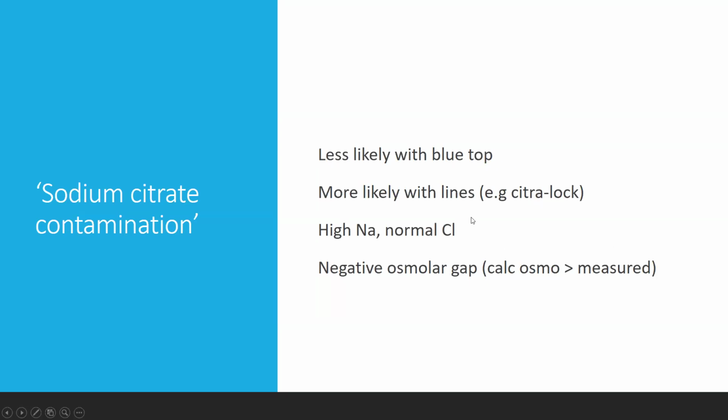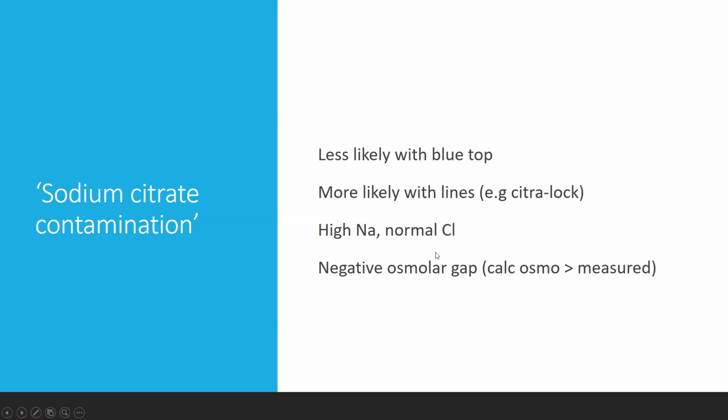Where you do see it more commonly is actually with central lines, patients with central lines, because sodium citrate, sometimes called Citraloc, is used to anticoagulate central lines. And if people use the central line to take some blood from a patient, they cannot get rid of enough of the Citraloc, and then you get contamination of the sample.